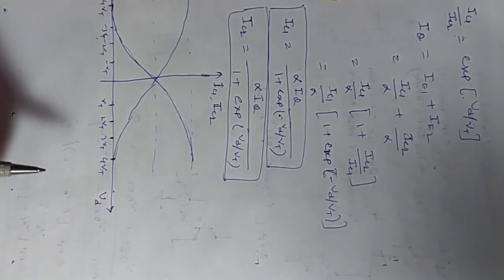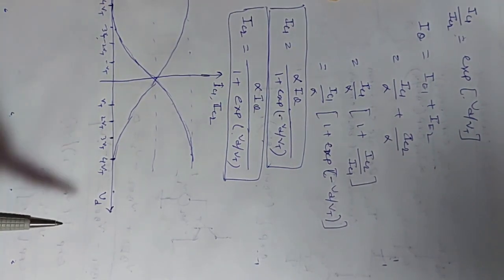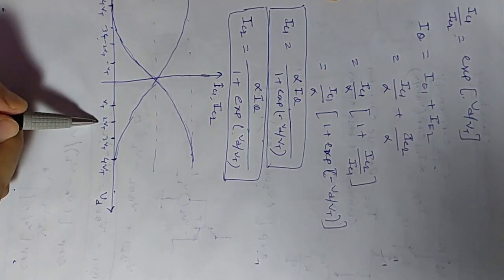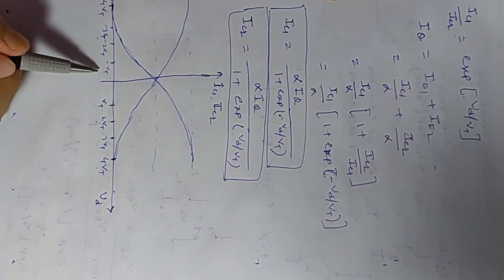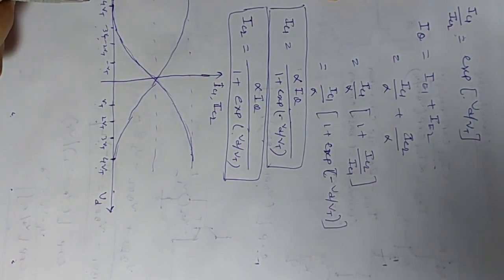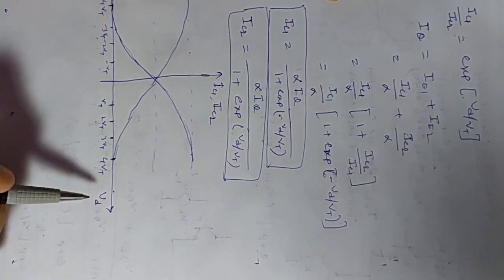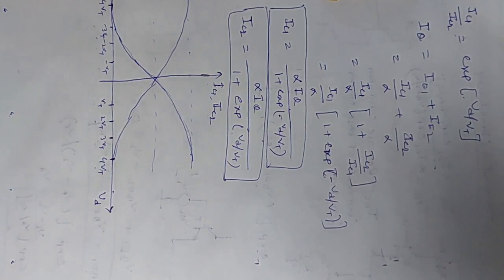As you can see, we divide our Vd axis into Vt, 2 Vt, 3 Vt and 4 Vt. On this side you have minus Vt, minus 2 Vt, minus 3 Vt and minus 4 Vt. And we are plotting IC1 and IC2 with respect to Vd.